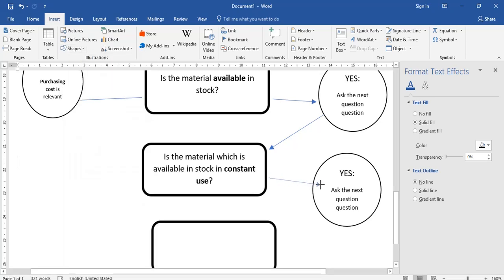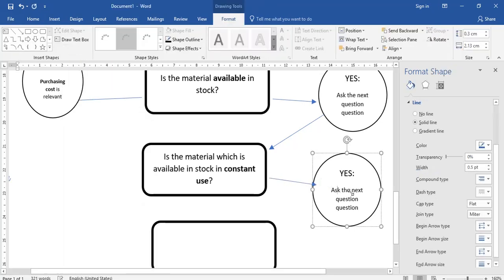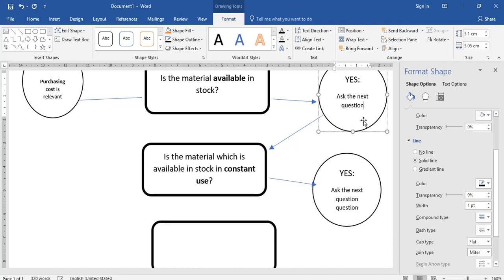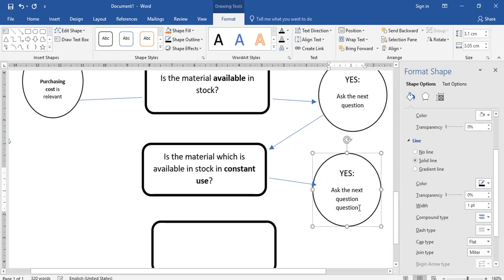We will be looking at it as if it is in constant use. That means whenever you take any item, you replace it.